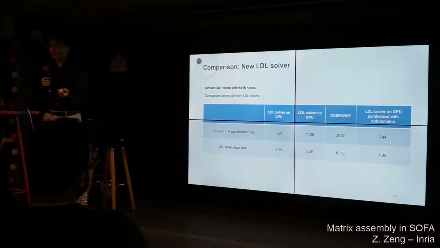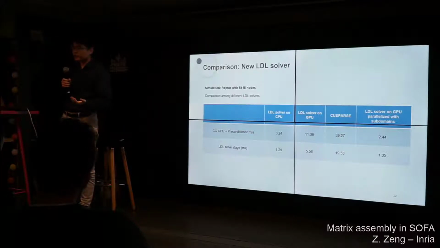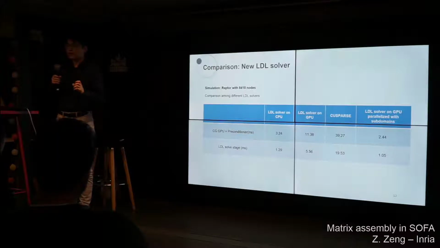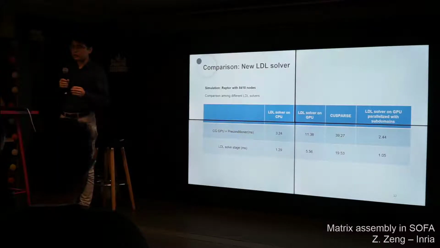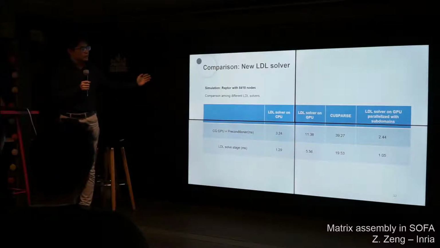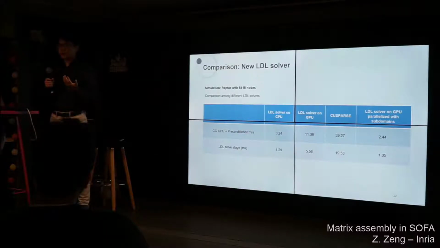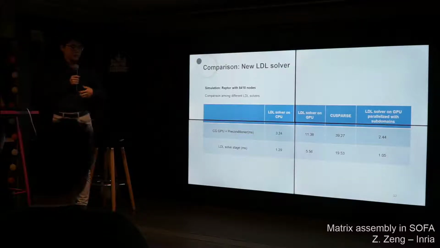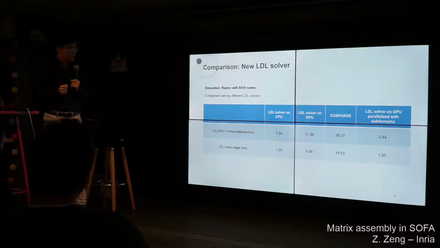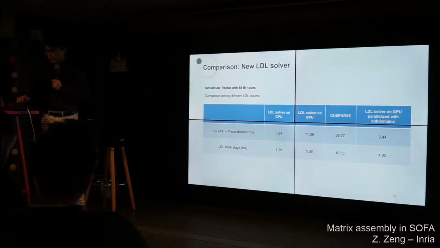A great advantage is that there will be no more data transfer between the CPU and the GPU, which can be very expensive when the matrix is quite large. So that's our result for the new LDL solver on GPU.